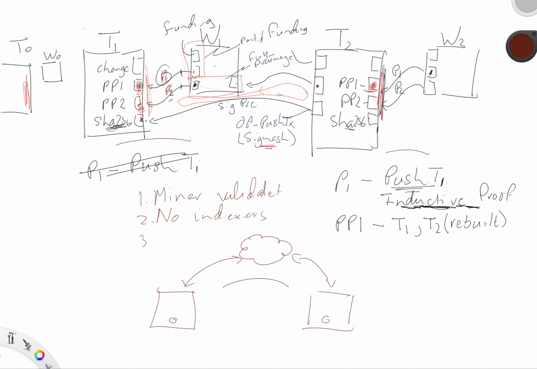And when they do the transfer from T1 to T2, they will do an SPV style exchange for the transaction between them, right? So we have no indexes required. This guy only needs to do the inductive proof where he checks one step back, and the token essentially propagates via these witnesses, which must be included. And the client just has to check that none of this stuff has been tampered with.